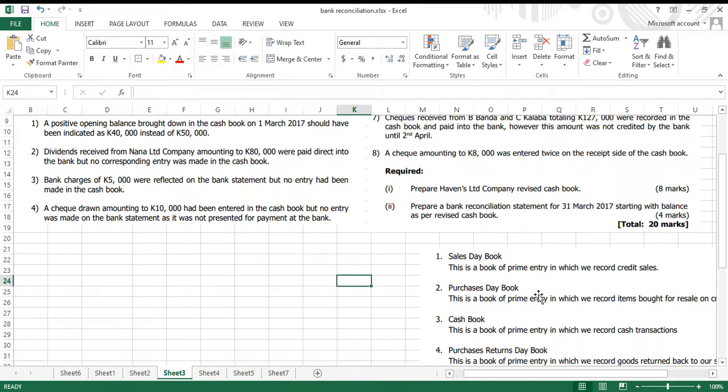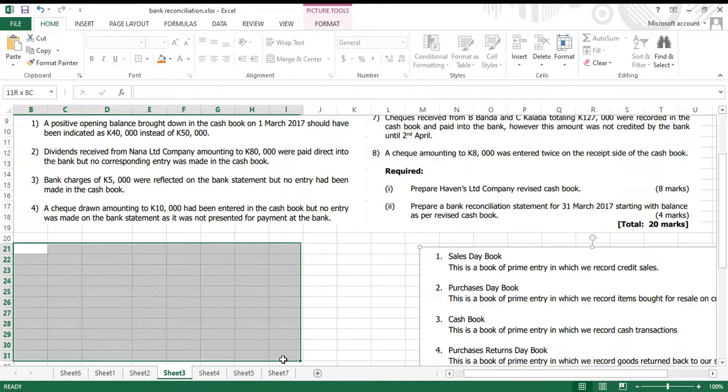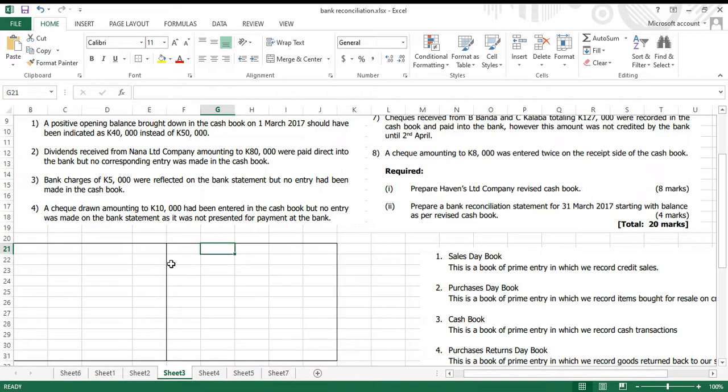All right, this is the new cash book. Haven Limited revised cash book.